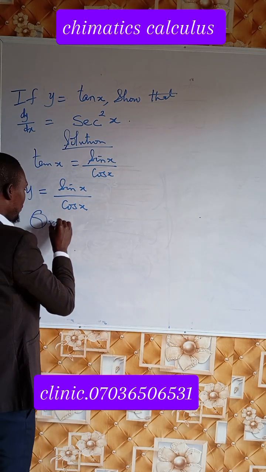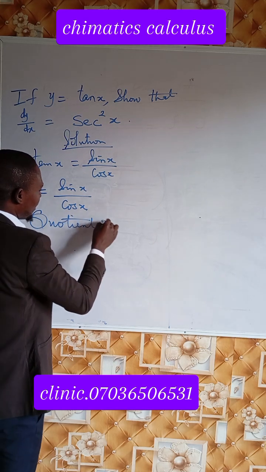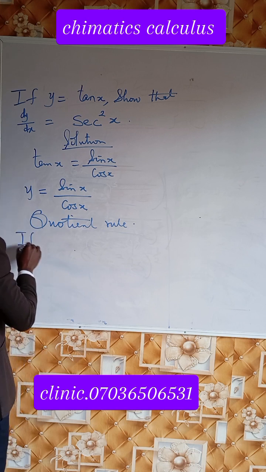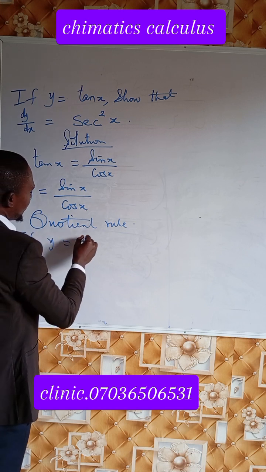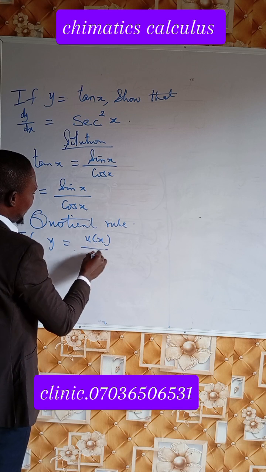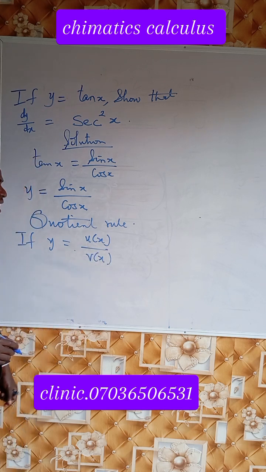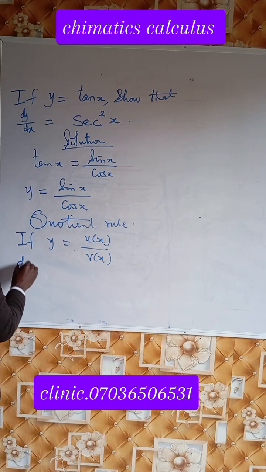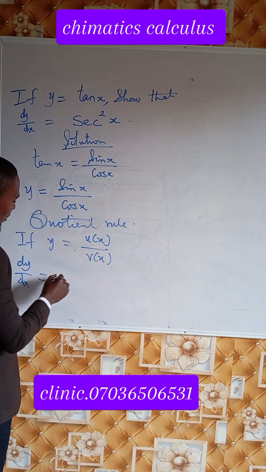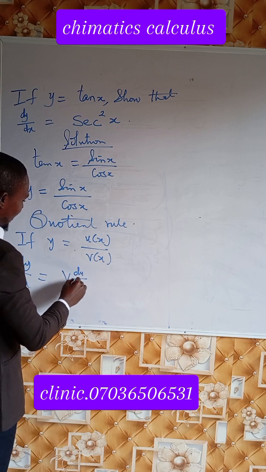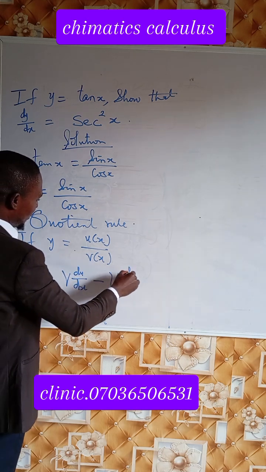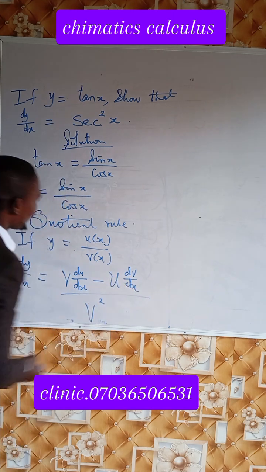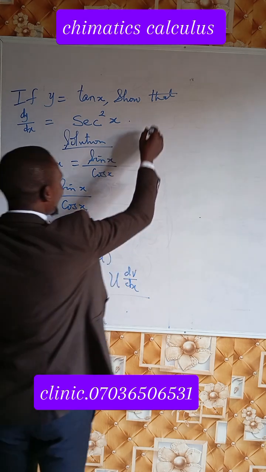The quotient rule says that if y equals u of x divided by v of x, where u of x and v of x are differentiable functions, then dy/dx is equal to v du/dx minus u dv/dx, everything divided by v squared. Now let's proceed.